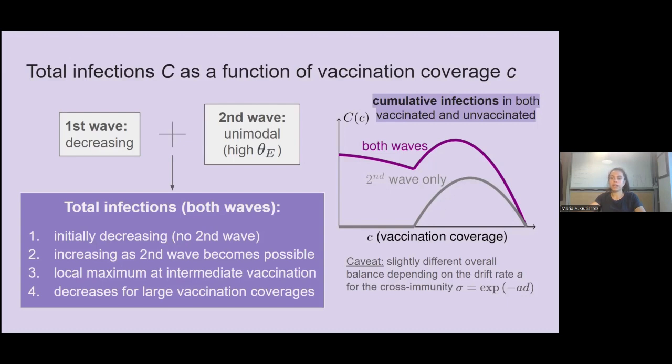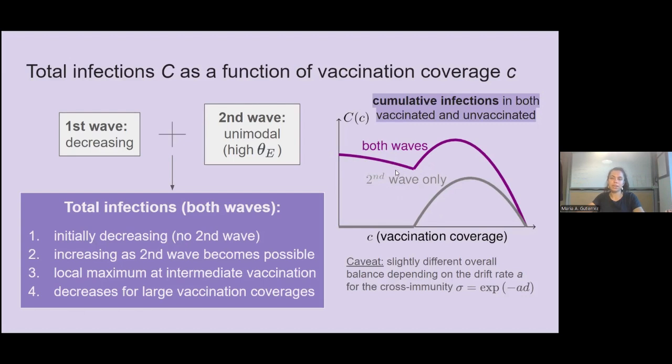But at those intermediate to high vaccination levels, that's when you get the peak of infections in the second wave. But we care about total infections, so if you want to acknowledge the positive effect of vaccinations on the first wave, then we need to add the number of infections in the two waves together, and that's this purple curve here.